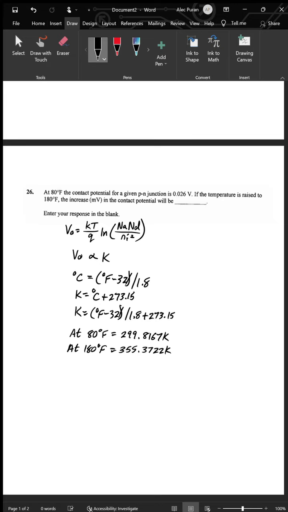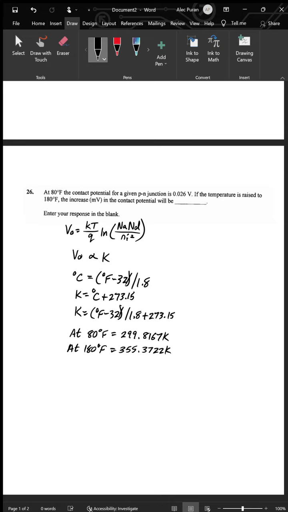So how do we relate this to the formula? One way that we can do it is by treating it as a proportion. It gives us 80 degrees Fahrenheit at 0.026 volts. So we have to find the voltage for 180 degrees Fahrenheit.